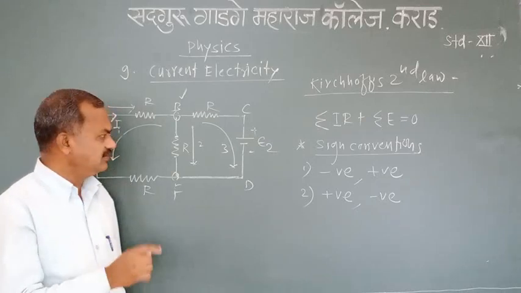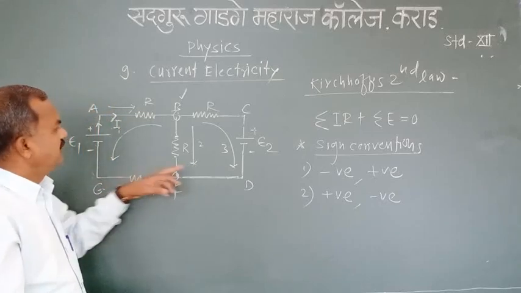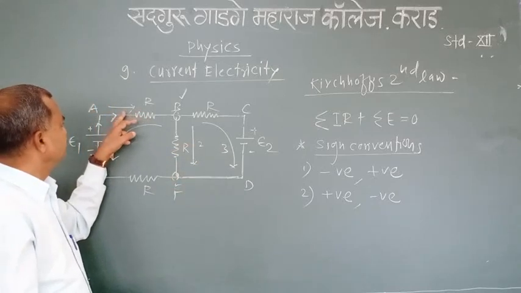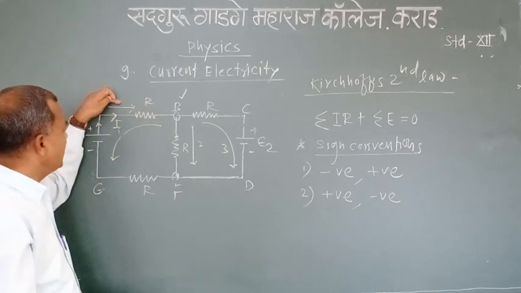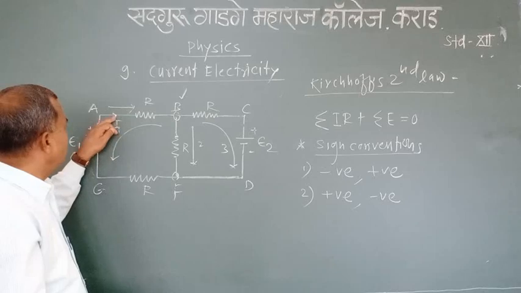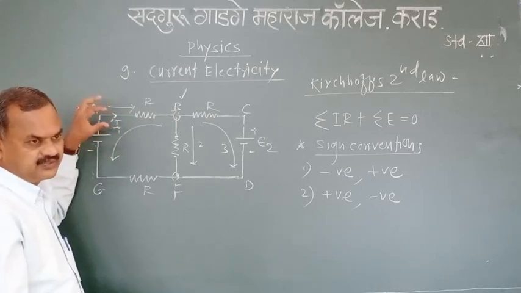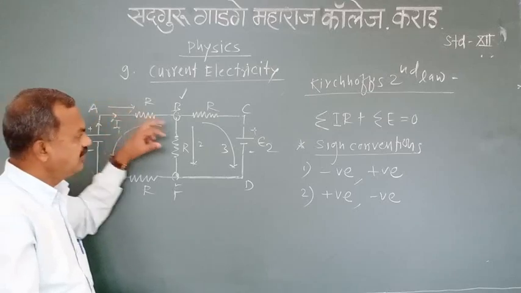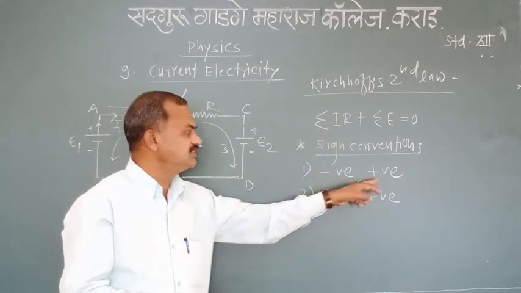We explain these sign conventions again. First sign convention: suppose this arrow indicates the direction of tracing the loop and this arrow indicates the direction of flow of current. If both are in the same direction, then the product IR is taken as negative, otherwise it is positive.